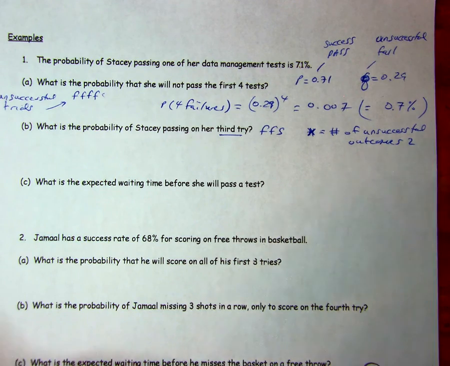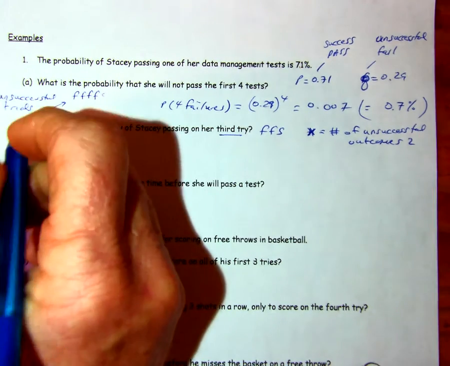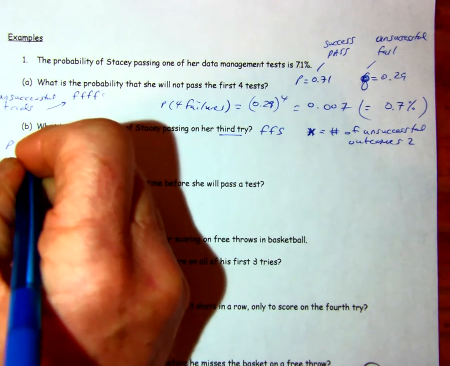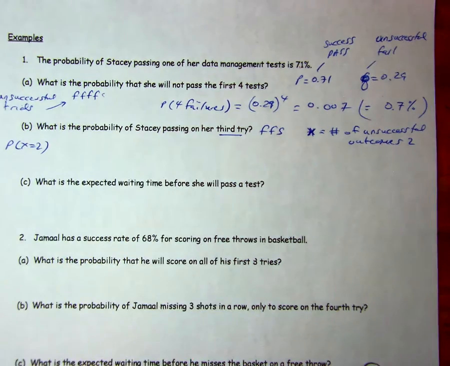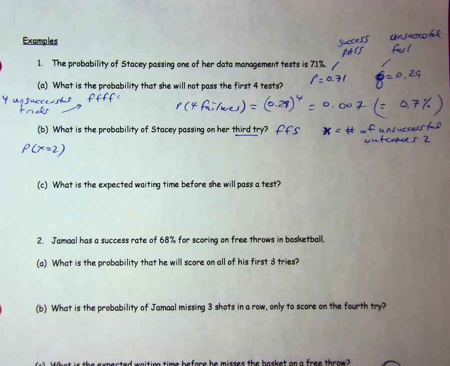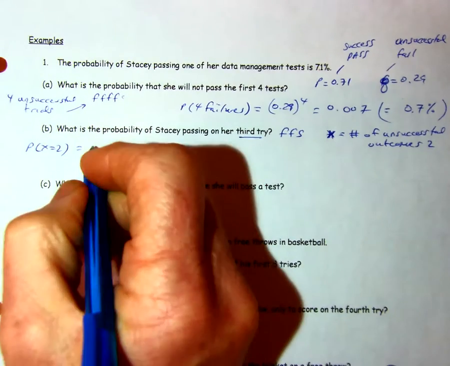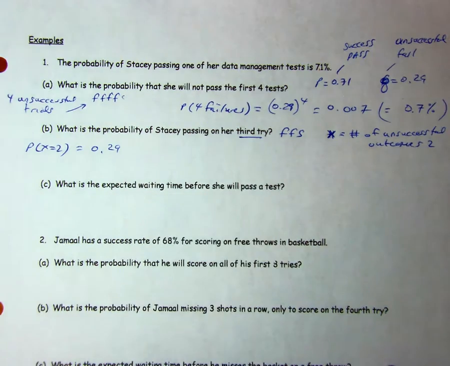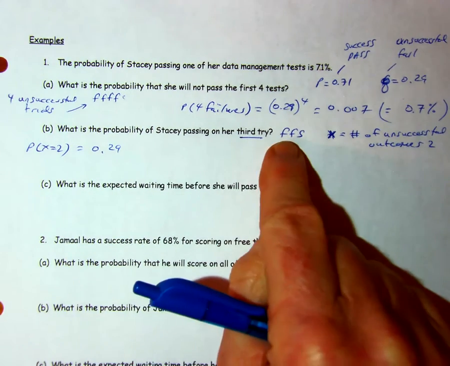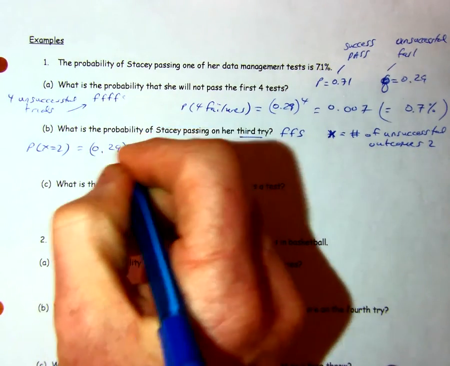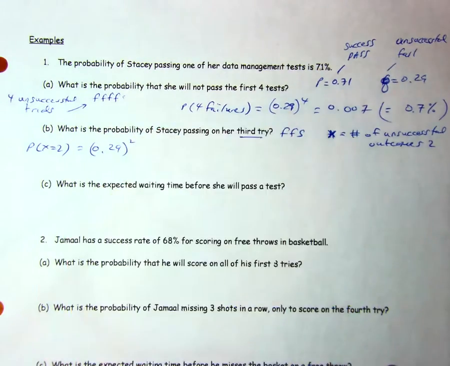Okay, so now we're finding the probability that X equals 2. You can just write P(2) if you want. So what's the formula? It's going to be 0.29, the failures, squared: 0.29 times 0.29.